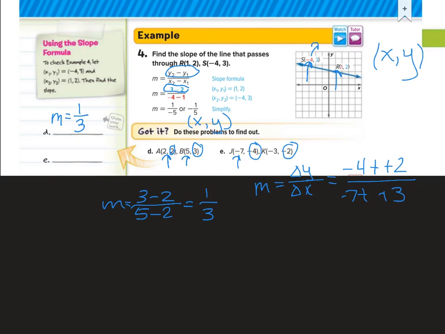And I'm going to change those to be positive. So it'd be -4 plus 2, which is -2. And then -7 plus 3, which is -4. So m equals -2 over -4, which simplifies to positive 1/2. So for E, m equals positive 1/2.